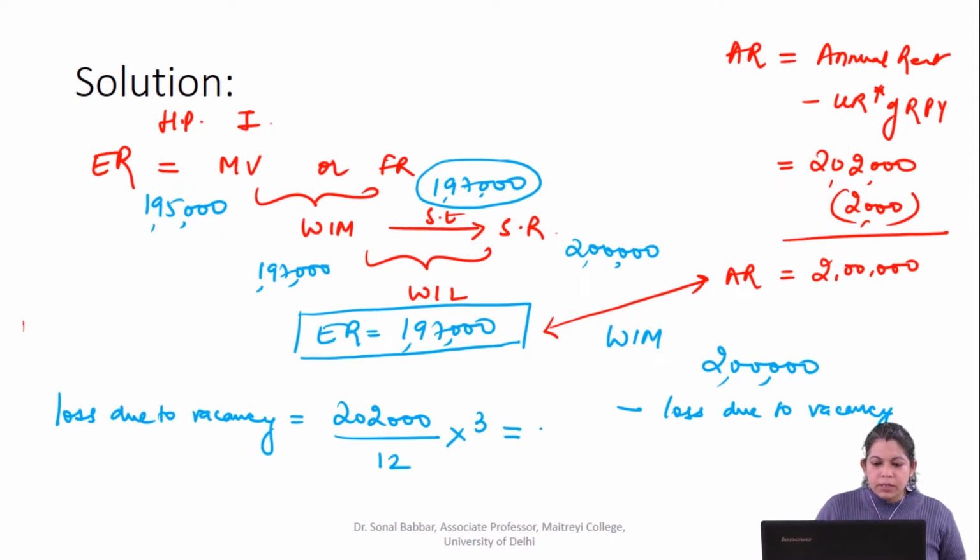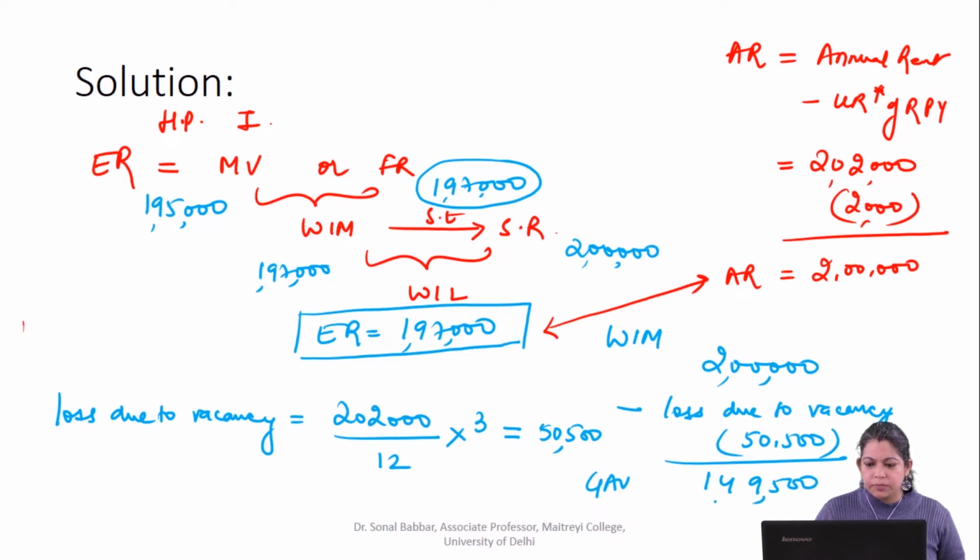Okay, so this amount comes as 50,500. So we are going to subtract 50,500 from here, and we will get GAV, which is 149,500.